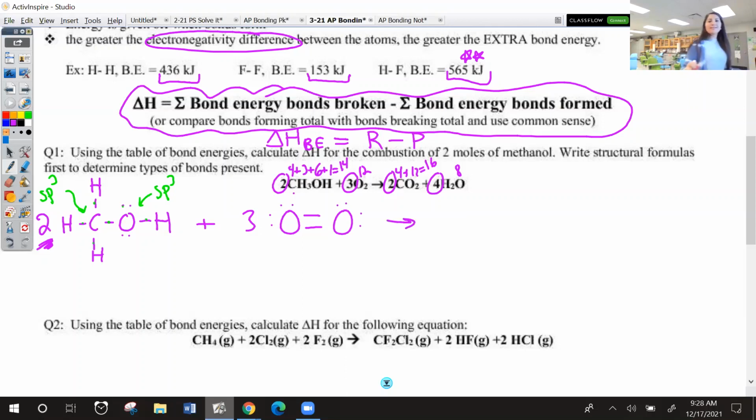Now I have carbon dioxide. Anybody remember carbon dioxide? Because I know that tends to come up quite a bit. What does carbon dioxide look like? All single bonds, double bonds, triple? What's the best way to do carbon dioxide? So if you do CO2, you want to remember it's actually 2 double bonds, okay?